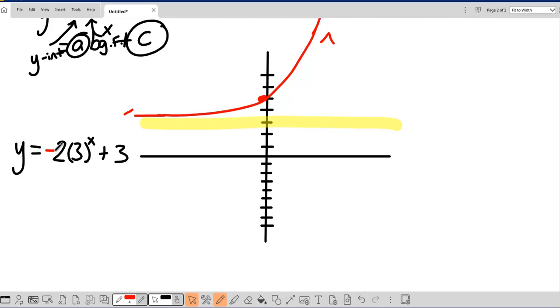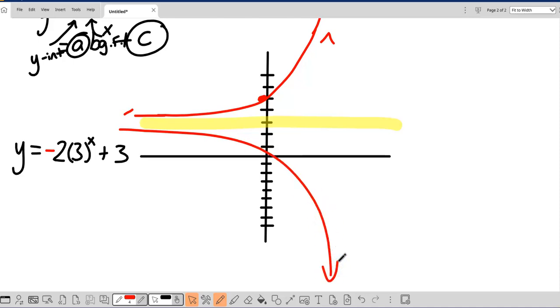No. That's if I put one here, if I put like plus or minus 2, that would move it to the left or right too. We're actually not going to look at those kinds of things. But when you make your function negative, it flips it upside down. So this graph, if I put a negative in the front, instead of looking like that, now it would look like that. It would flip it upside down.